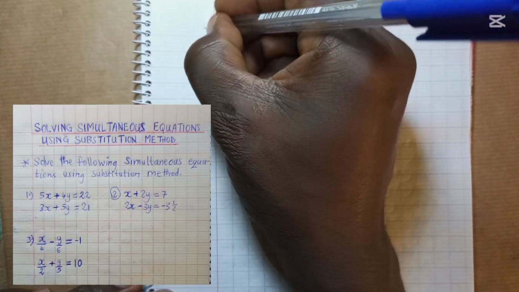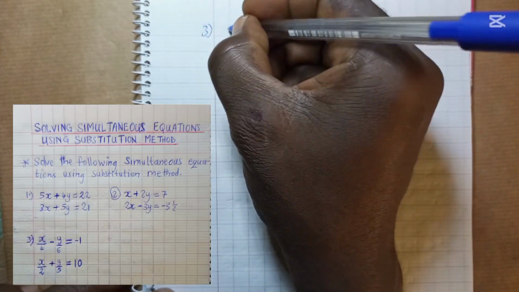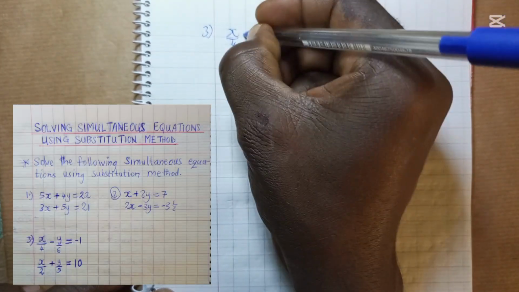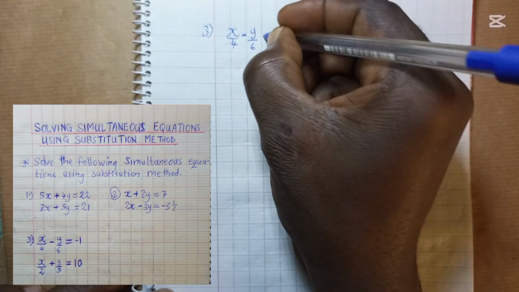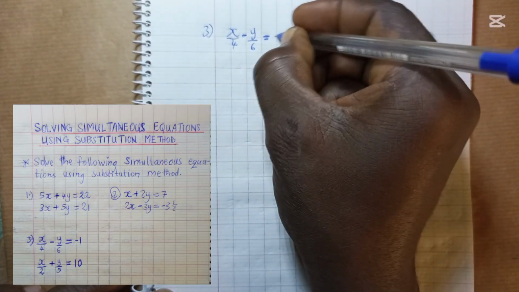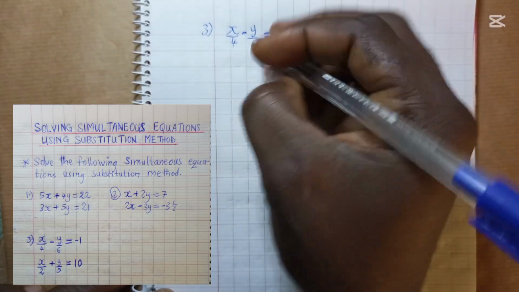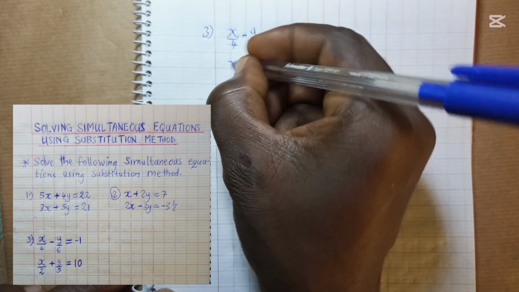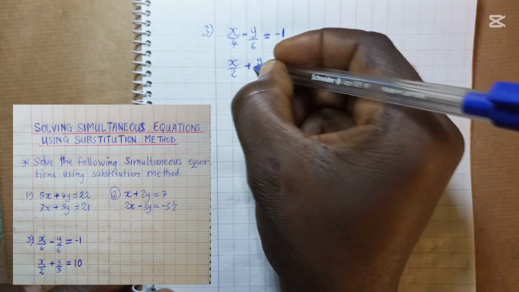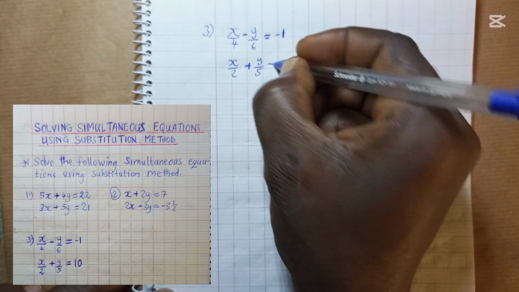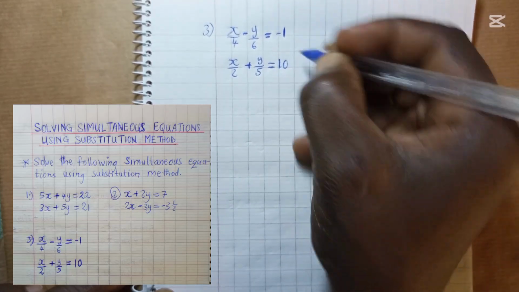Alright, finally number 3, we have the equations x/4 minus y/6 is equal to -1. And the second one, we have x/2 plus y/5 is equal to 10.